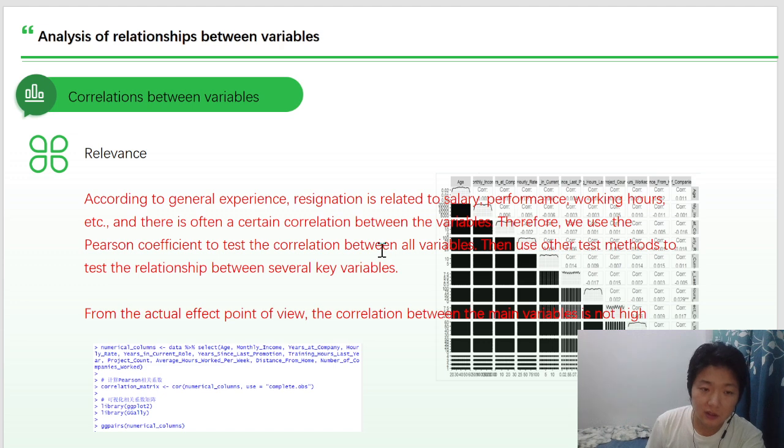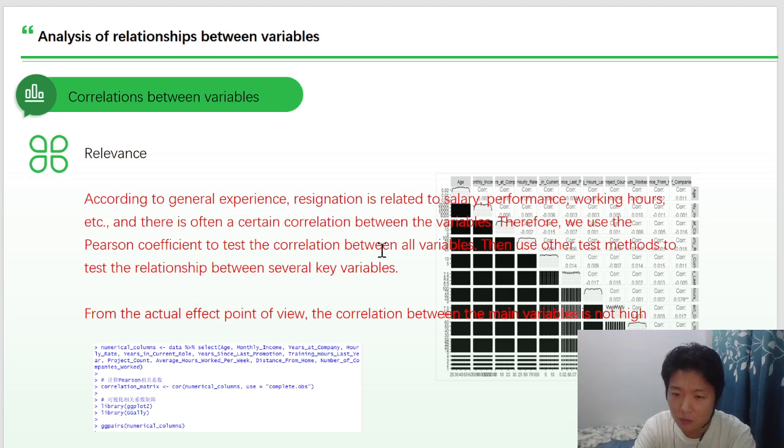The most important thing, if we want to get the reason why the employee wants to get a new job, is that we should analyze all the variables. At first, we use the Pearson coefficient to test the relation between all the variables.